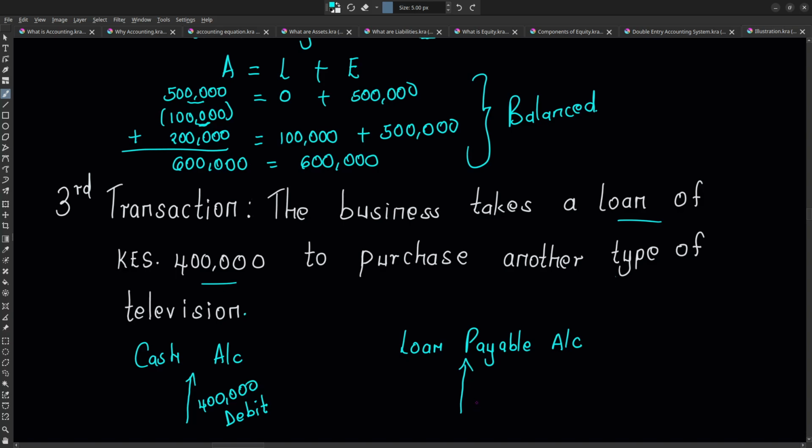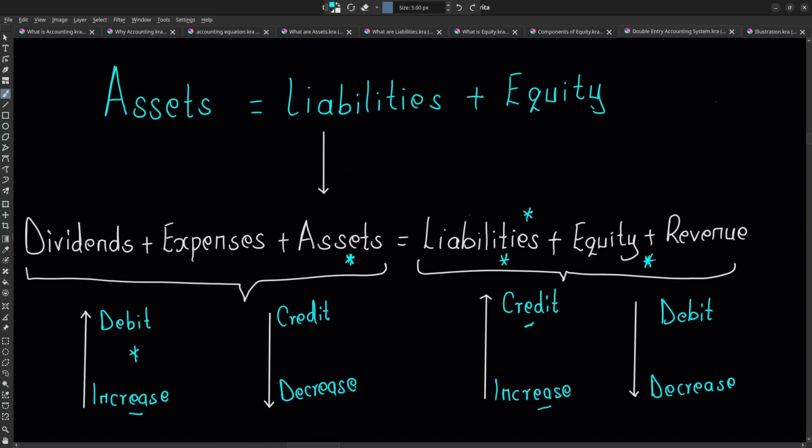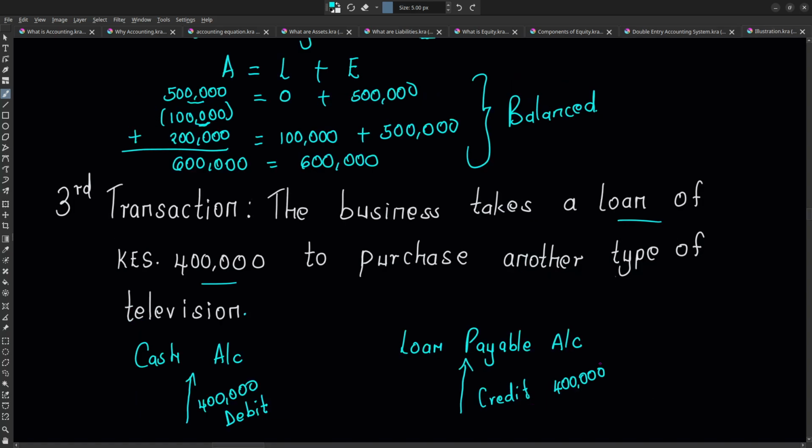And when you want to increase a loan payable account, which is a liability account, what do you do? You credit an amount of 400,000 in this case. Remember, I am referring to this equation: when you have liabilities, you credit that liability account to recognize an increase in that account.